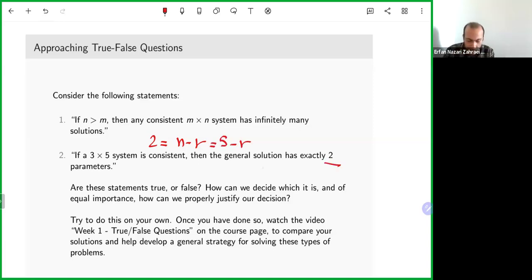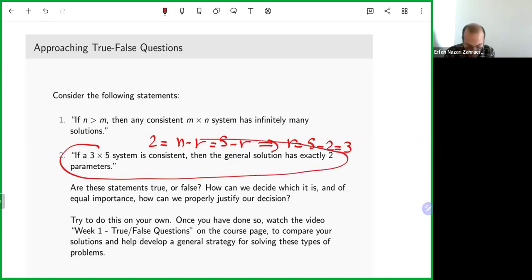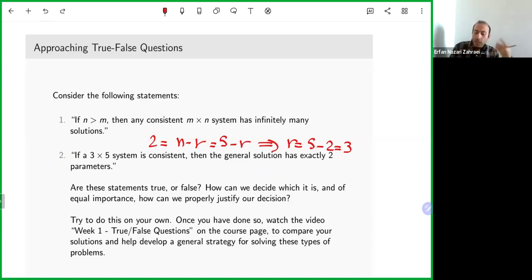If we have this case of two parameters, according to that theorem we need 2 to be 5 minus r. In other words, r to be 5 minus 2, equals 3. So basically, according to that theorem, if I want this statement to be true, I need the rank to necessarily be 3. Do I have anywhere in this statement something that gives me this information that the rank is 3? Let's look. No, I have this, but that's m, the total number of rows.